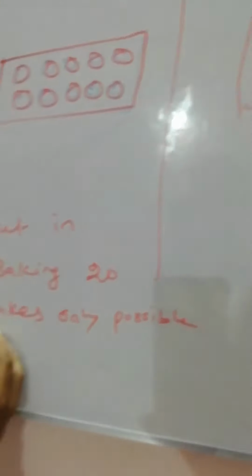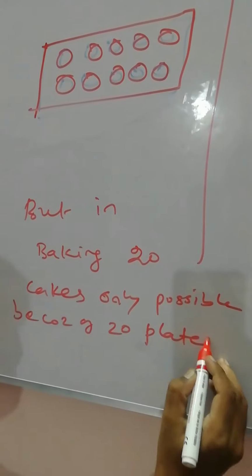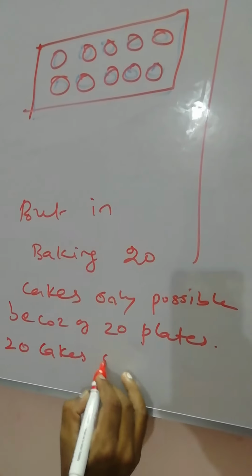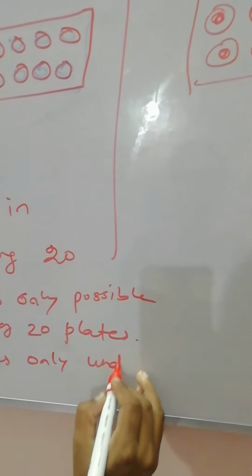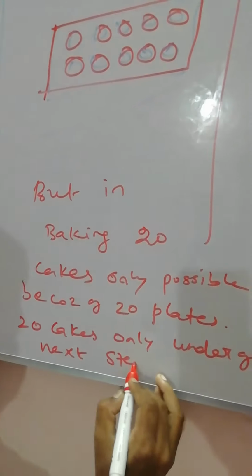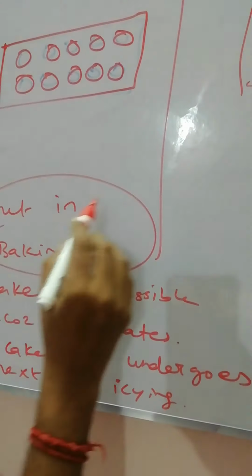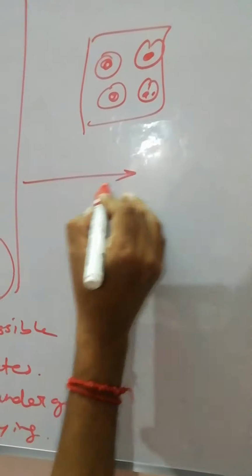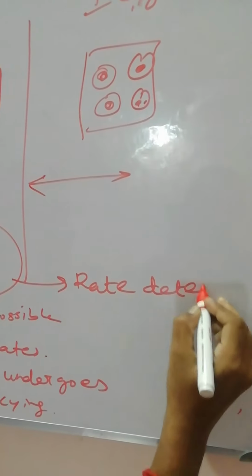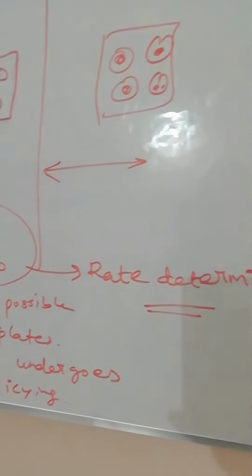See, only these 20 cakes undergo the next step, icing. So the second step determines the rate of the third step. So it is called the rate determining step. The step which determines the rate of the reaction is called the rate determining step.